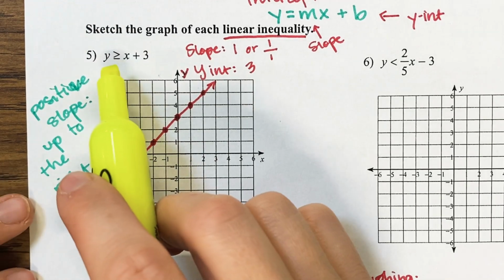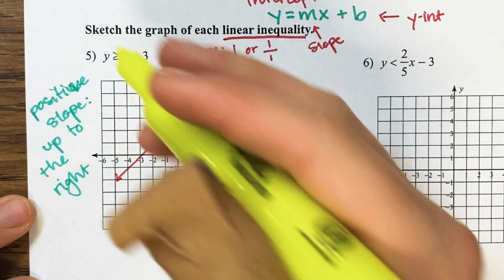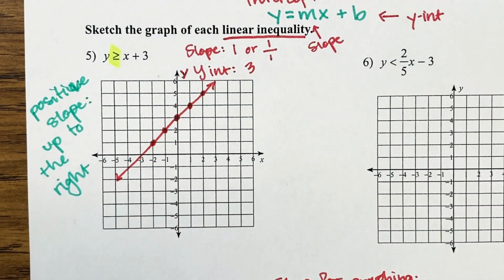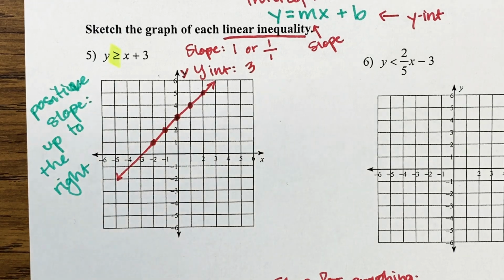Okay, so look at your sign. My sign is y is greater than or equal to. And I totally just remembered this point. So greater than or equal to, let's make this note on your paper.